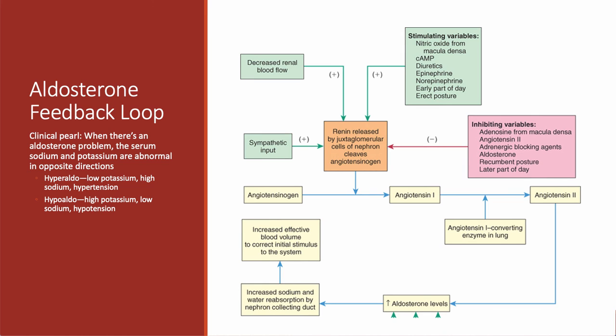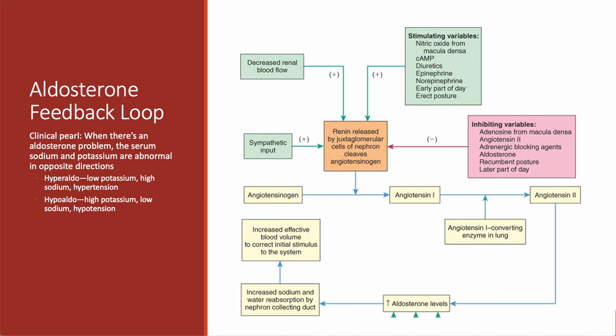All right, all that to say that we can recognize aldosterone problems like an aldosteronoma when there's a disagreement between serum sodium and the serum potassium. So when the serum sodium is up and the serum potassium is down, that should make you immediately think of aldosterone.